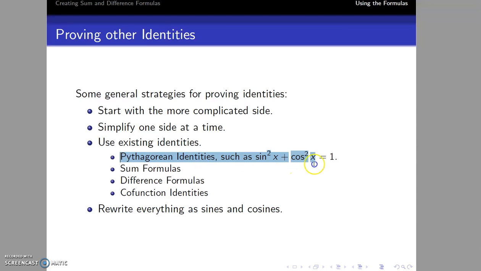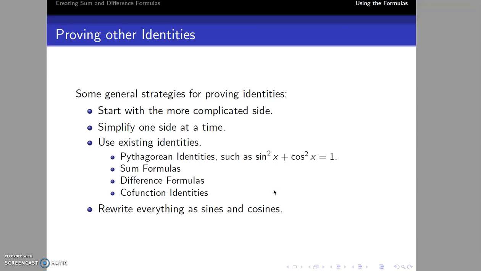Right now we have access to the Pythagorean identity, sine squared plus cosine squared equals 1, and its iterations. We now have sum formulas and difference formulas. We have even-odd identities. And also, we just showed it, so why not also look at cofunction identities? Right? Every identity you have access to is something you can use to prove other identities.